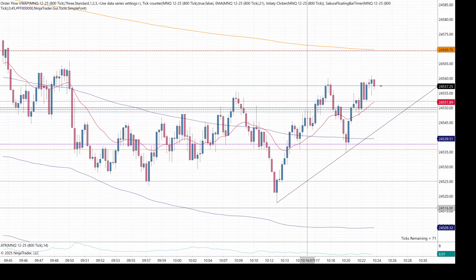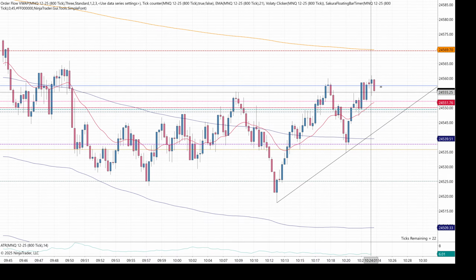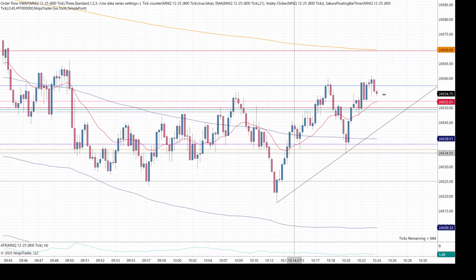I wasn't paying attention. Did Barry get taken out? Did we go up and then down, or did we go down and then up? I don't know if you were paying attention or not.